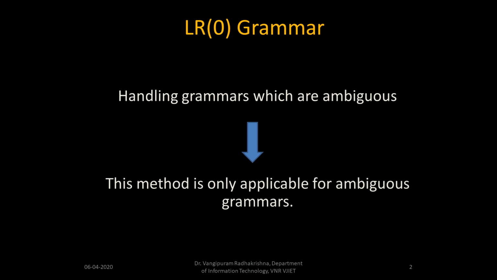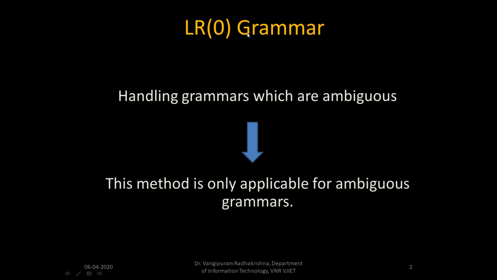The moment you are able to prove that a randomly chosen string can be derived using two or more derivations, you can say that the grammar is ambiguous. The moment you say that the given grammar is ambiguous, this method concludes the given grammar not to be an LR0 grammar.